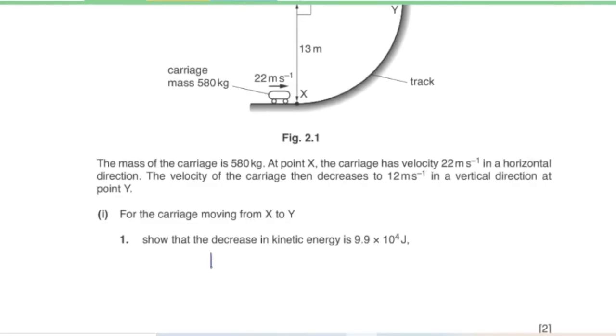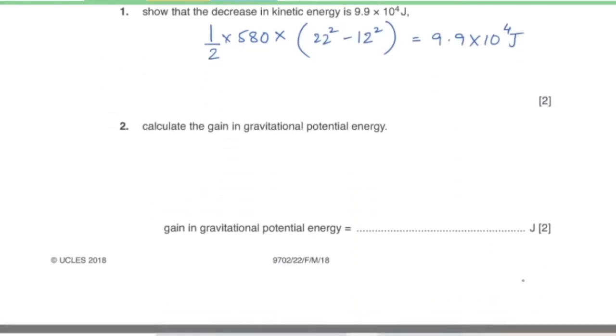So this is going to be half into mass into the change in speeds squared, which is 22 squared minus 12 squared. So the decrease in the kinetic energy of the carriage is 9.9 × 10^4 joules. Now calculate the gain in gravitational potential energy.